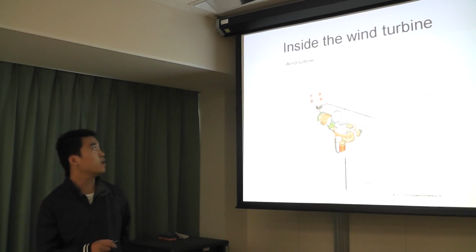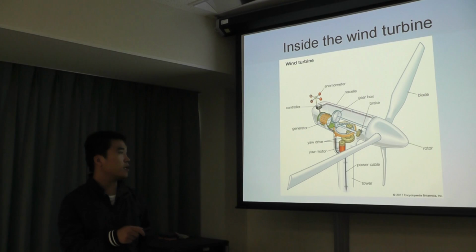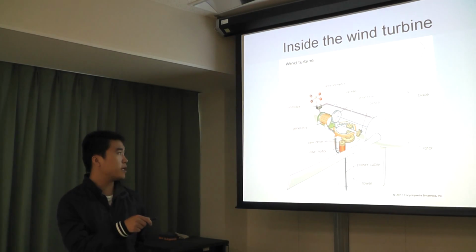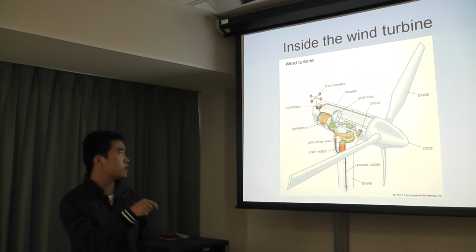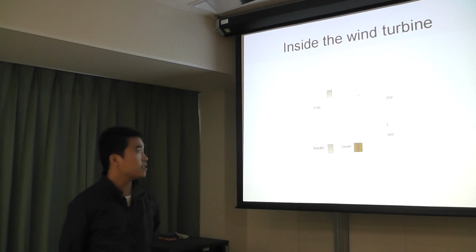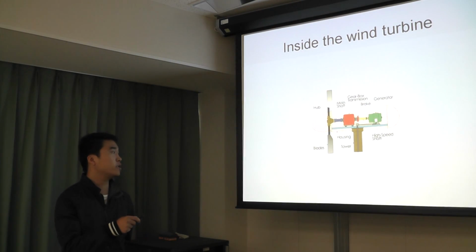And here's a picture of the wind turbine. We can see lots of components. Here's the blade, which is connected to the rotor. Here's the brake, the gearbox, a monitor, a controller, and a generator. On the right side is a very simple picture to explain the wind turbine.